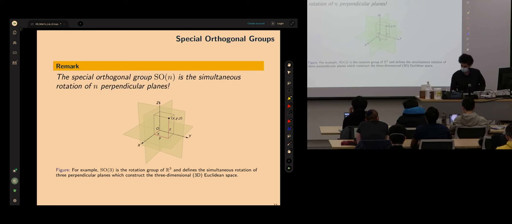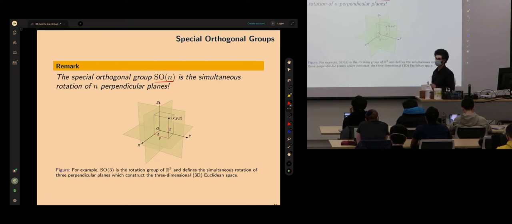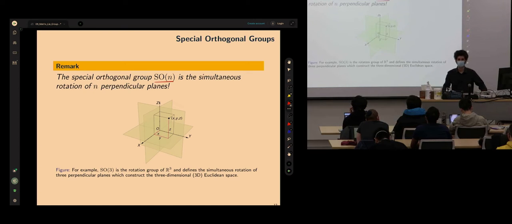Now, what is SO(n) physically? I know it's hard to visualize these sets when you talk about algebraic sets, although algebra makes calculation easier. But for the particular case of SO(n), it's not very difficult to imagine. A special orthogonal group of dimension n is a simultaneous rotation of n perpendicular planes.